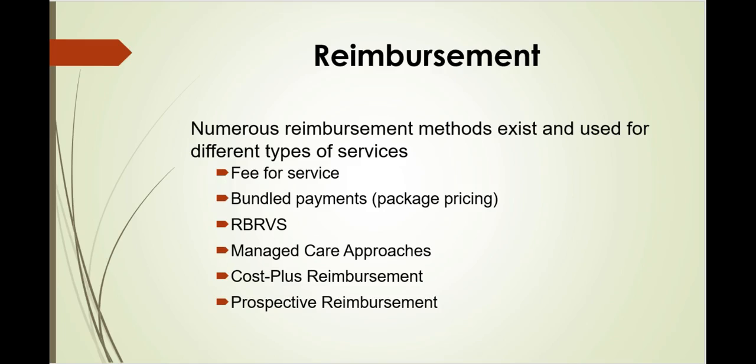Now, the next managed care approach is capitation. The provider is paid a set monthly fee per enrollee, referred to as a per member per month rate. So the fixed monthly fee is paid to the provider regardless of how often the enrollees receive medical services from the provider.